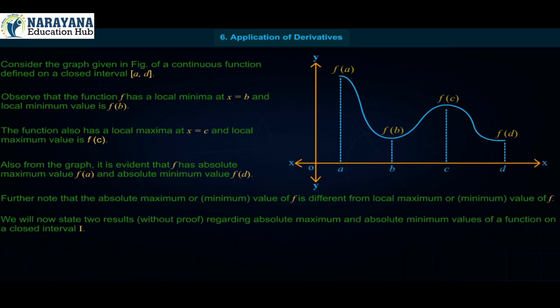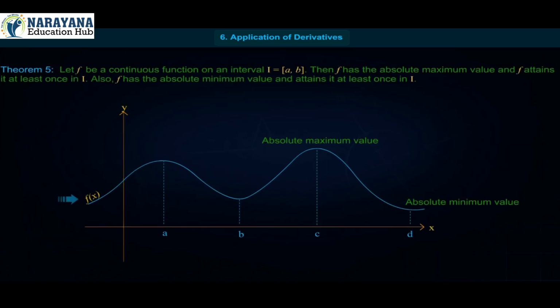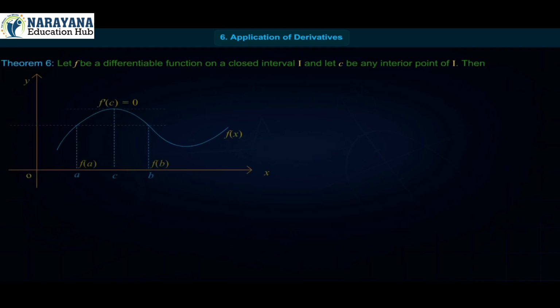We will now state two results without proof regarding absolute maximum and absolute minimum values of a function on a closed interval I. Theorem 5. Let f be a continuous function on an interval I is equal to closed interval a, b. Then f has the absolute maximum value and f attains it at least once in I. Also, f has the absolute minimum value and attains it at least once in I. Theorem 6.